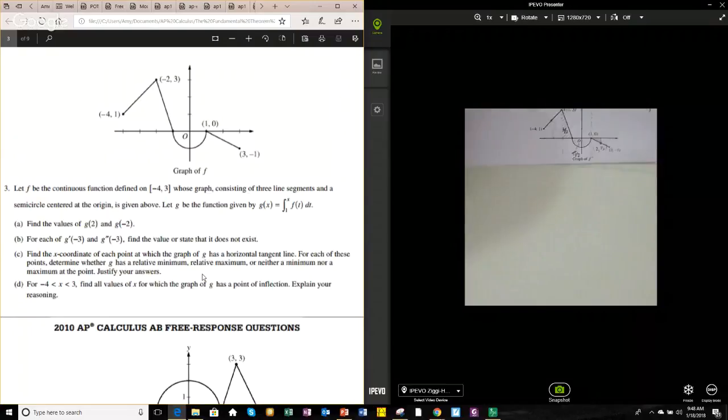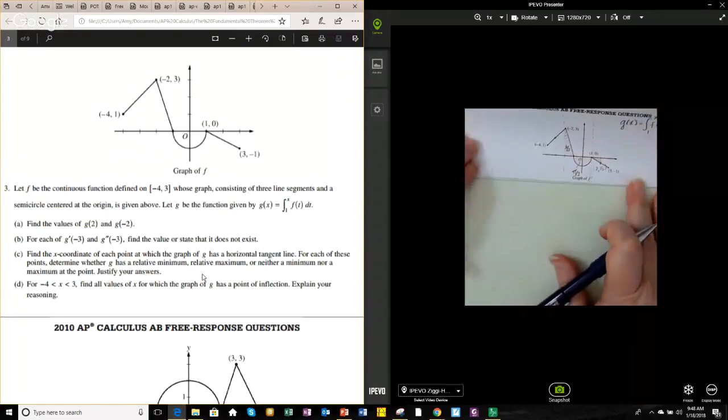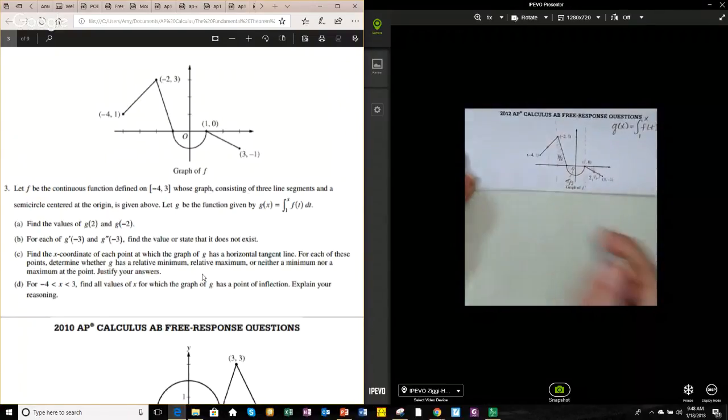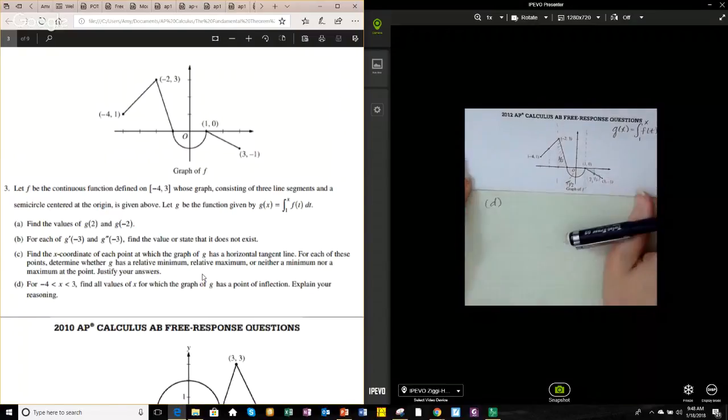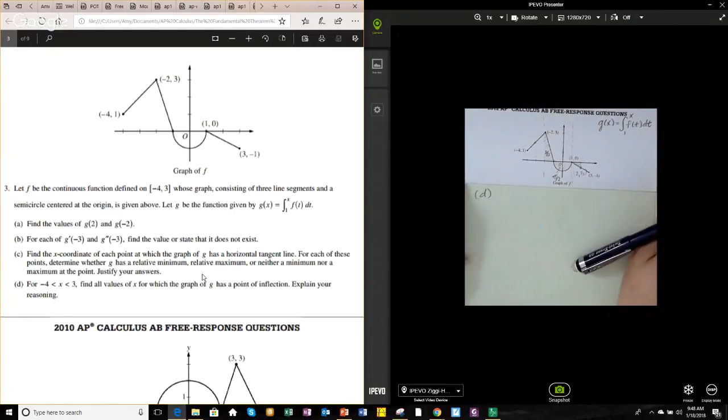Part D. Part D states, for the open interval from -4 to 3, find all the values of x for which g has a point of inflection. Explain your reasoning.